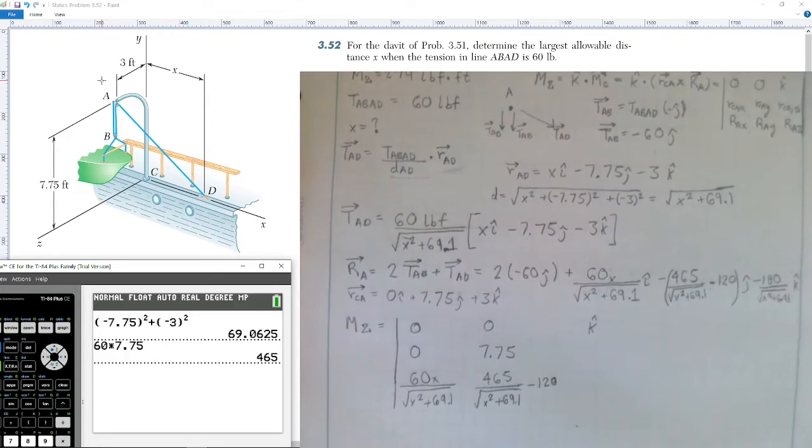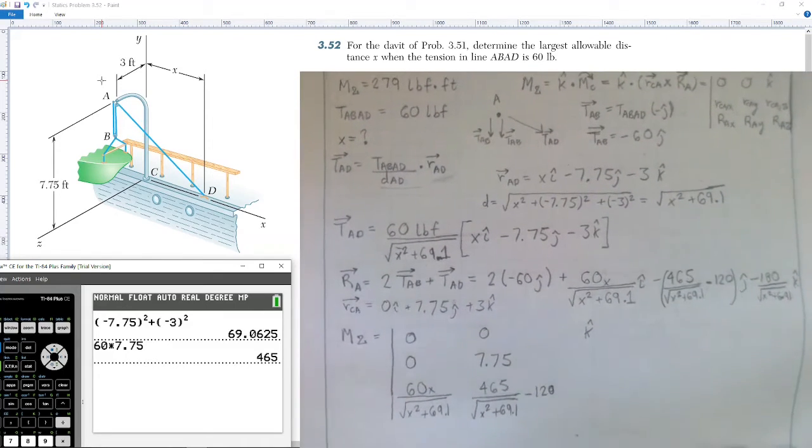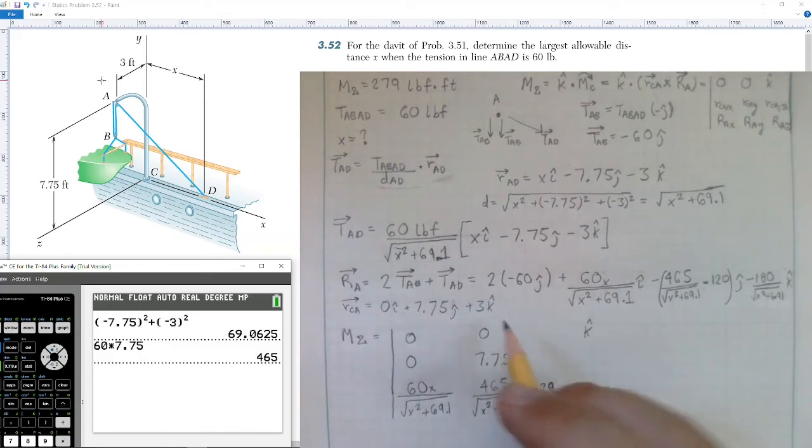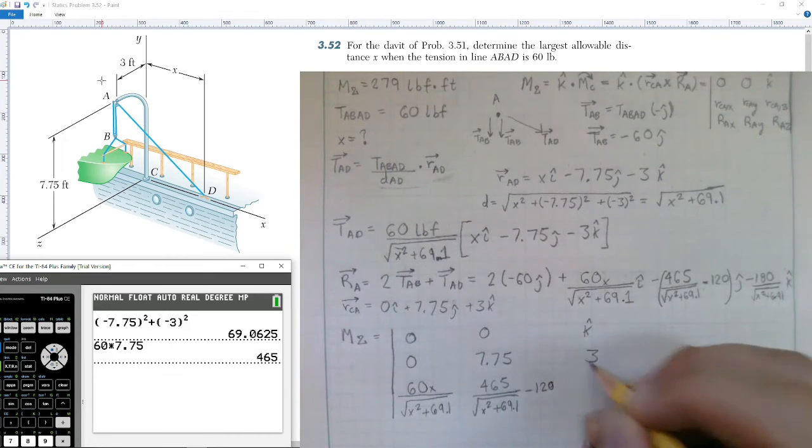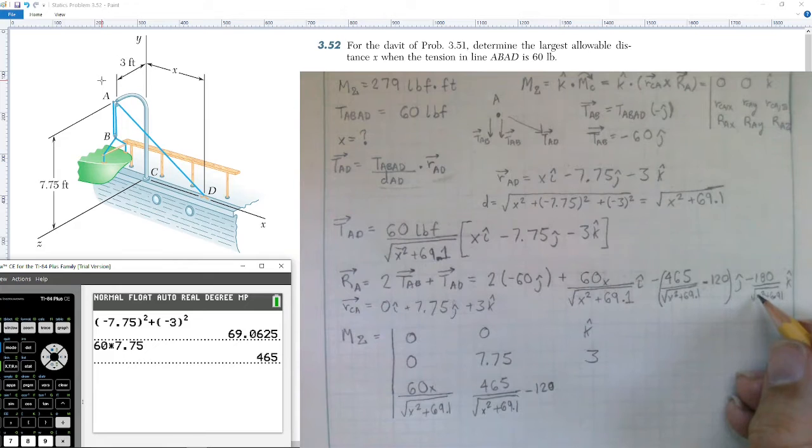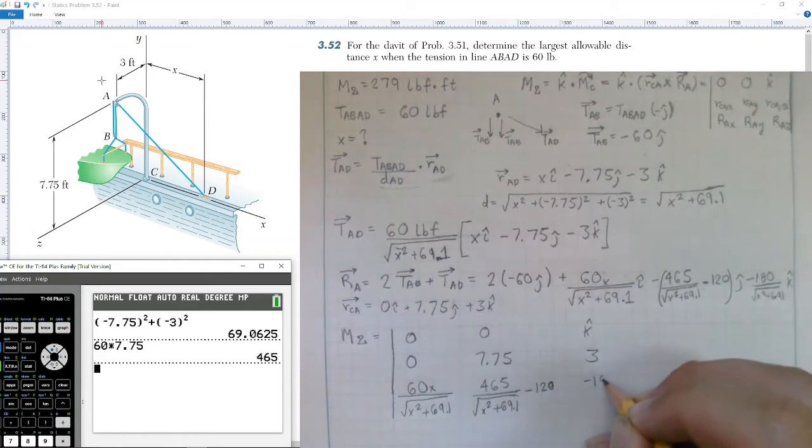Then we have our position vector here telling us positive 3. We finally have our z component, our k hat value of negative 180 for the resultant at point A over x squared plus 69.1.